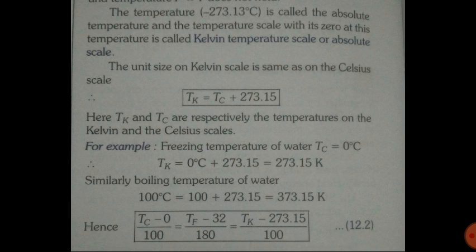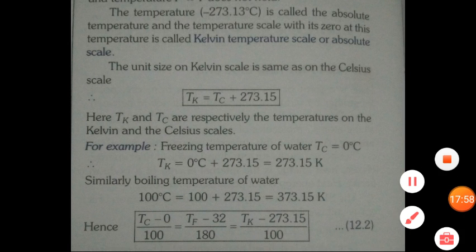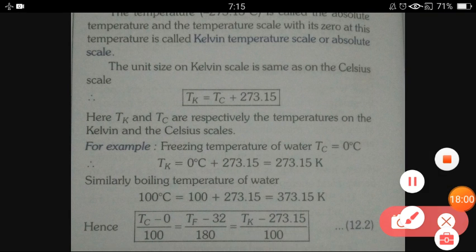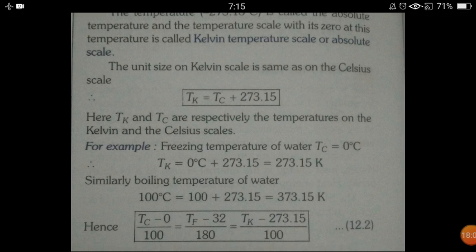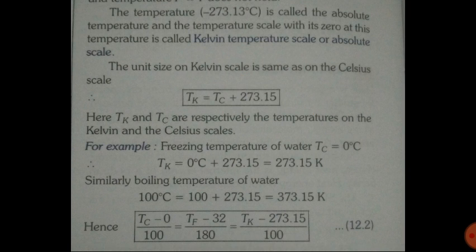If we have to convert Kelvin into Celsius or Celsius into Kelvin, only one value is very important, that is 273.15. If we have to convert Celsius into Kelvin, you simply add 273.15. If we have to convert Kelvin into Celsius, we simply subtract 273.15.